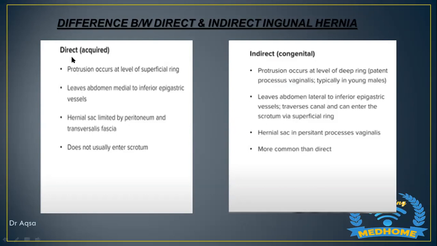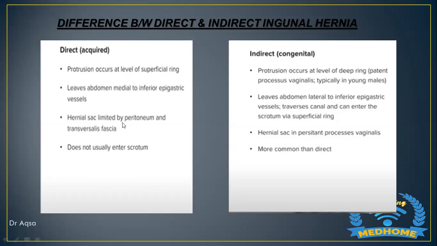Direct inguinal hernia happens medial to the inferior epigastric vessel, while indirect inguinal hernia happens lateral to it, traverses the inguinal canal, and can enter the scrotum via the superficial inguinal ring.